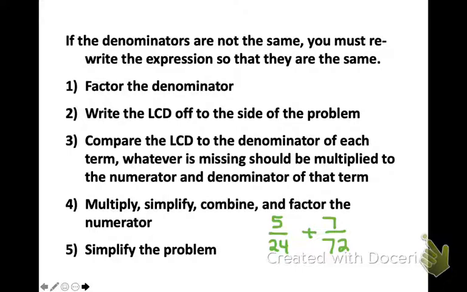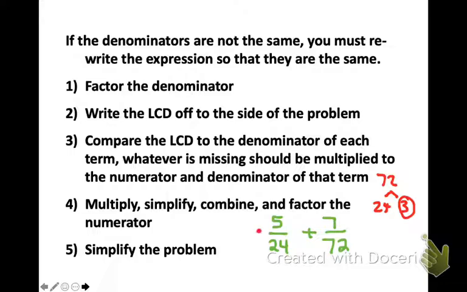So it says we're going to factor the denominators, and I'm just going to factor the 72 because I know 72 comes out to 24 times 3. So then we can see that the first fraction is missing the times 3 part.